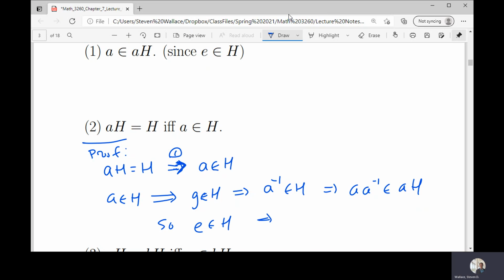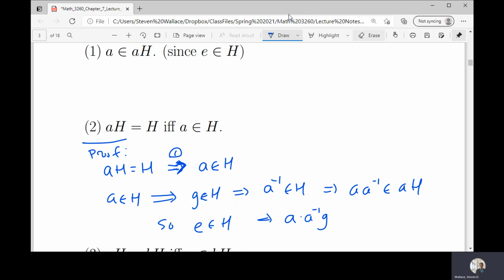Which means that A times A inverse G, right?